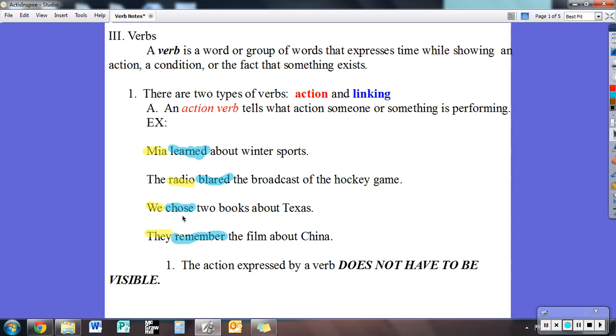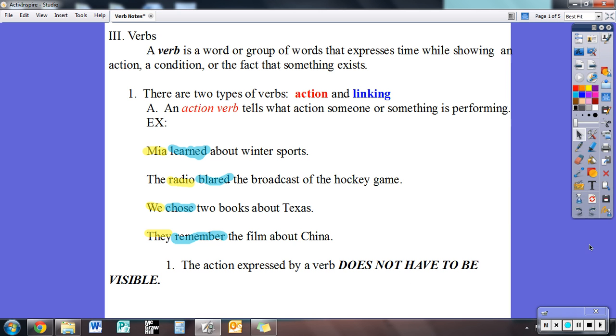We can choose something, or this one's in past tense, they chose. You can choose something and no one has to know. Are there ways to show people that you're making a choice? Of course. But it does not have to be something visible. So that's something that even if it's an action, it does not have to be visible, okay? So I'm going to clear those.